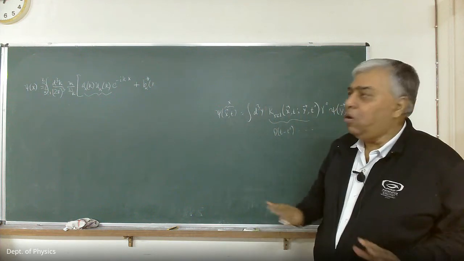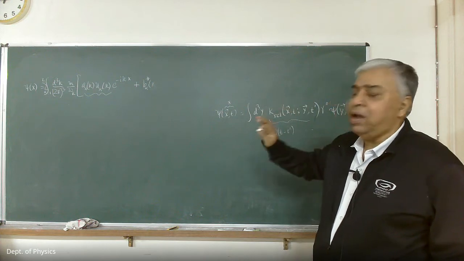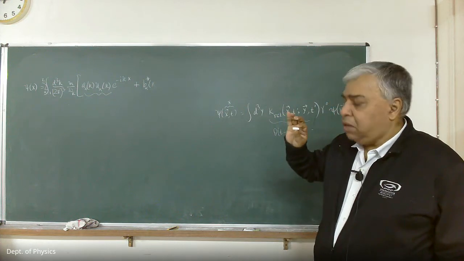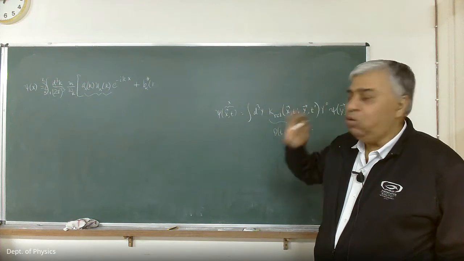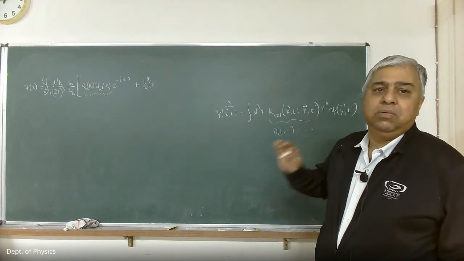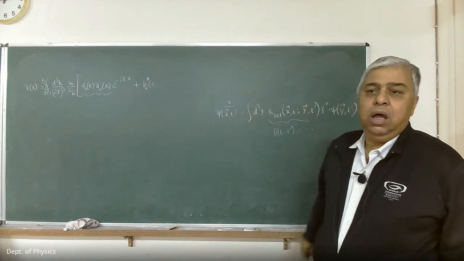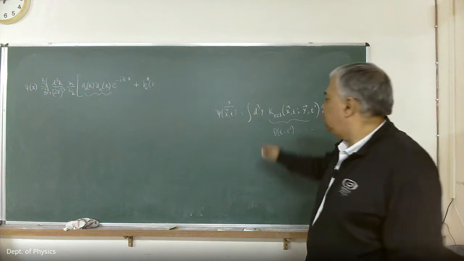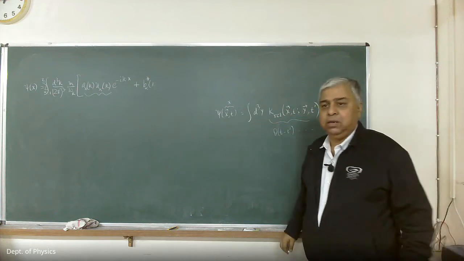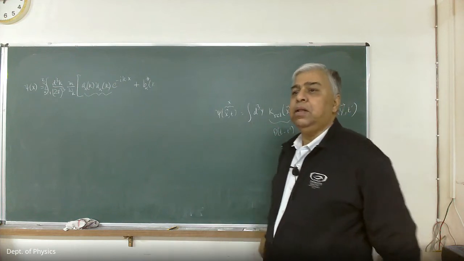All that I have made use of is the fact that I have taken the complete set of solutions of the Hamiltonian. It includes both positive frequency and negative frequency. And it is the orthonormality condition of these polarization spinors which helps me to identify this retarded propagator. Okay, and this is the usual propagator that you encounter.